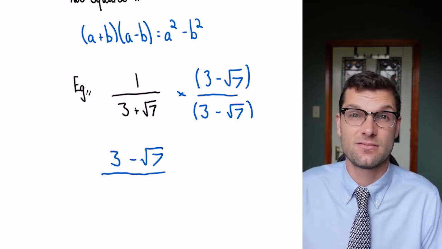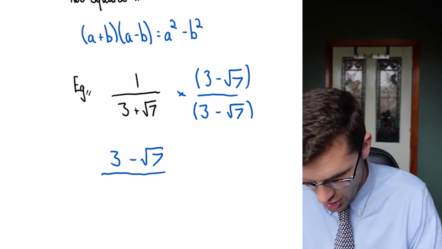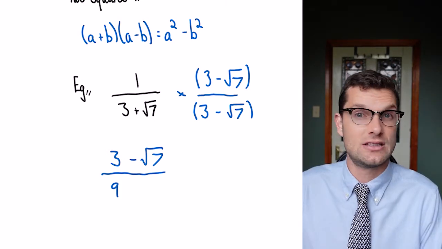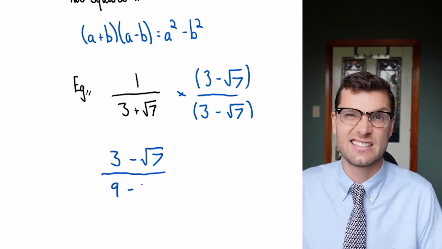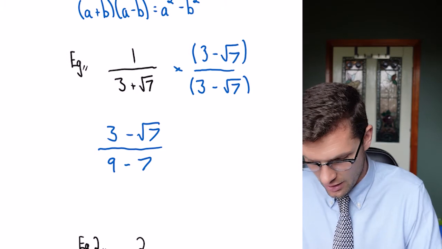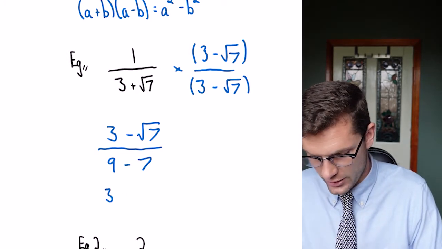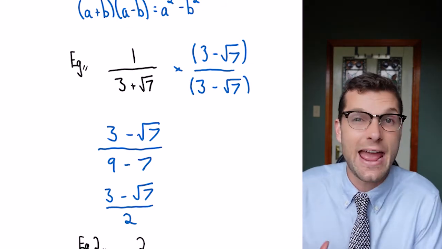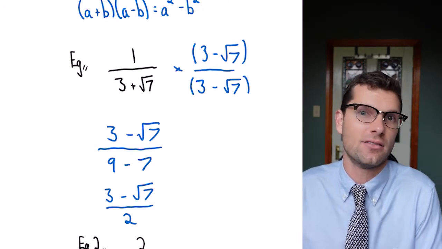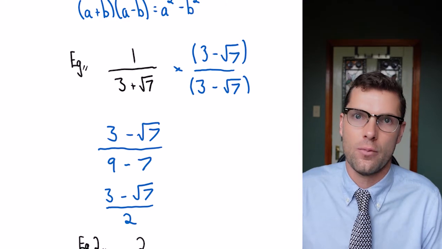The first term is 3. 3 squared is equal to 9. And then root 7 squared is equal to 7, so we just minus 7. To simplify this, we are left with 3 minus root 7 all over 2, and that's our final answer. We now have a rationalised denominator, or no square root on the bottom.